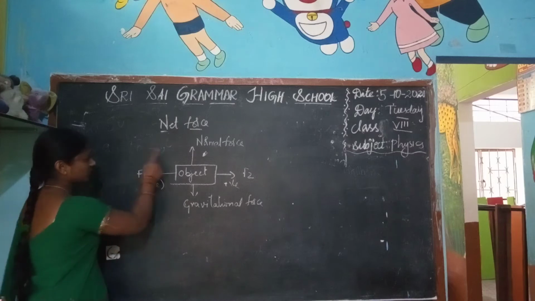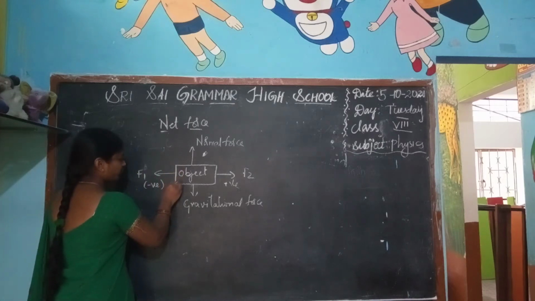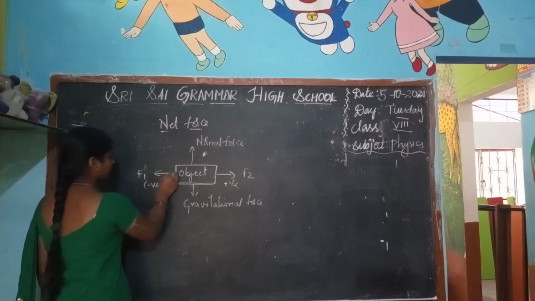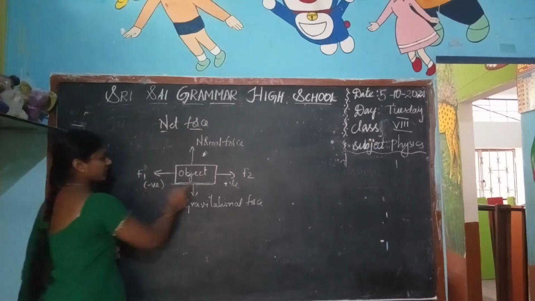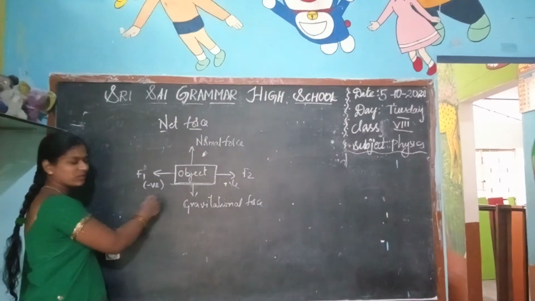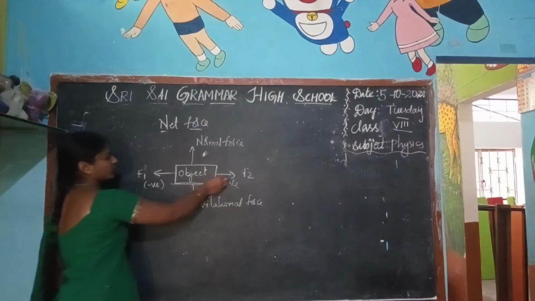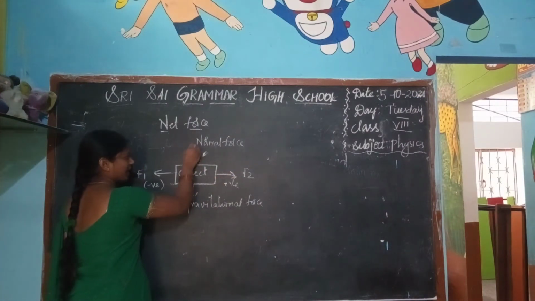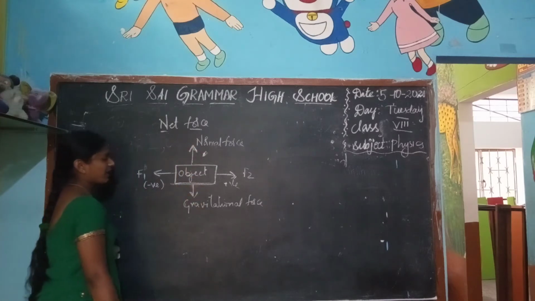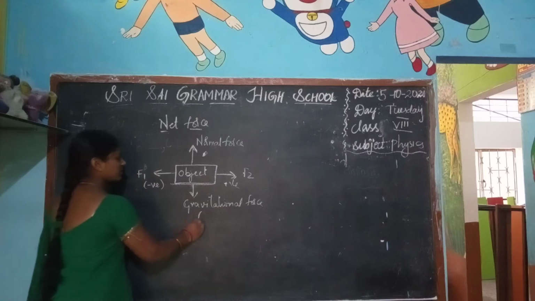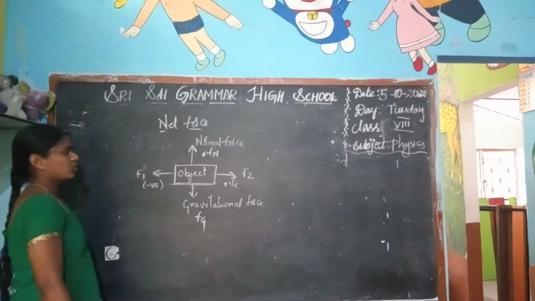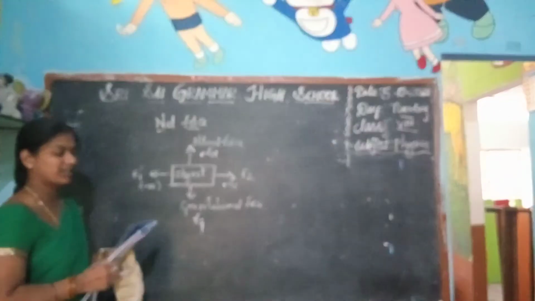When the object is placed in the middle, with the two net forces F1 and F2, the normal force acts in the upward direction and the gravitational force acts in the downward direction. The gravitational force is denoted by Fg and the normal force by Fn.